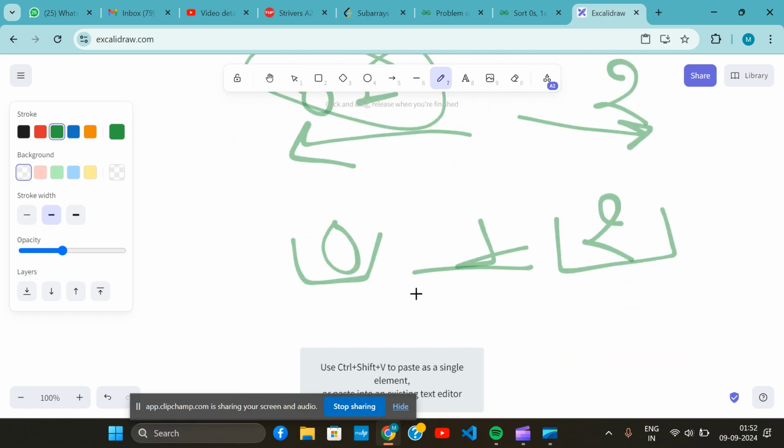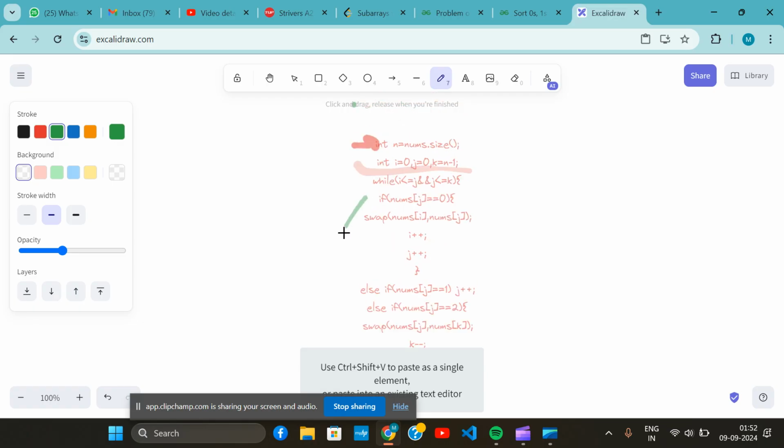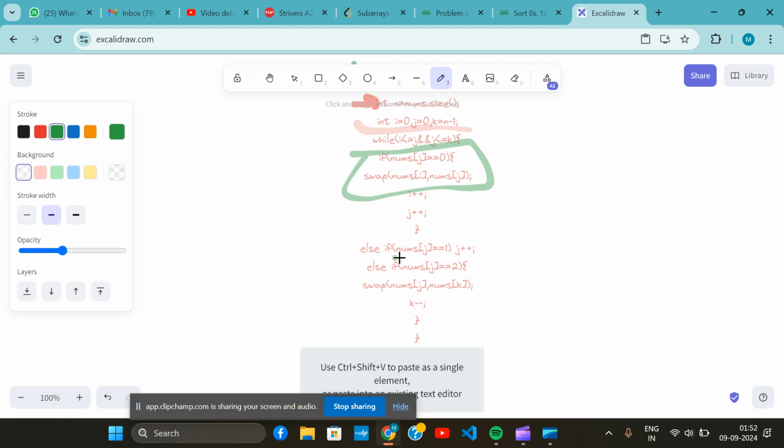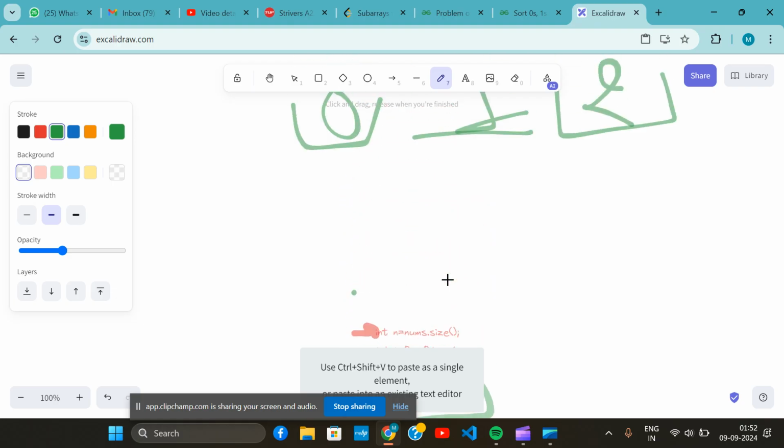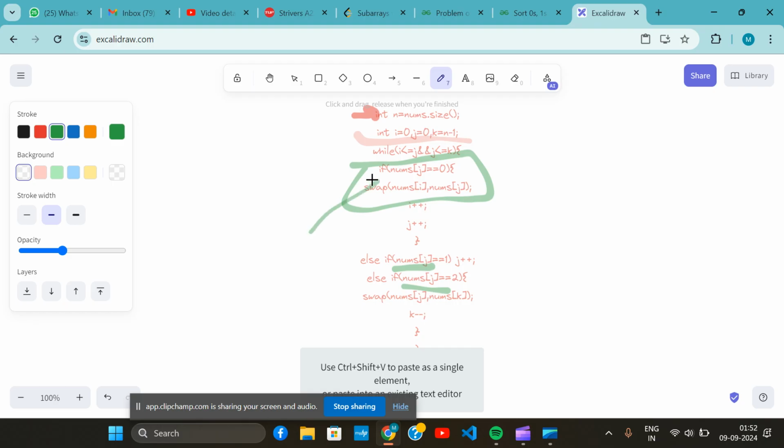After that, you see here that I am only focusing on the J, like what is the value of nums of J. If the value of nums of J is 0, then what I have to do is swap the values at I and J, because at the place of I, 0 should be there.